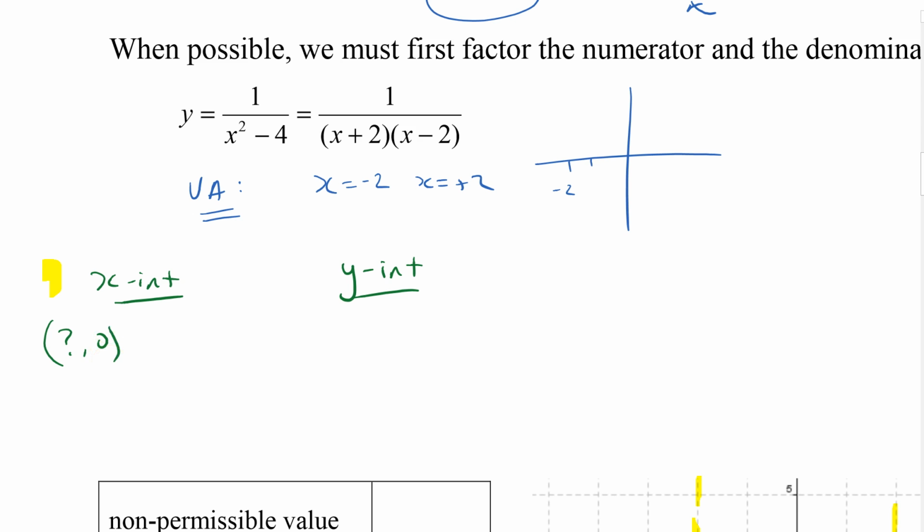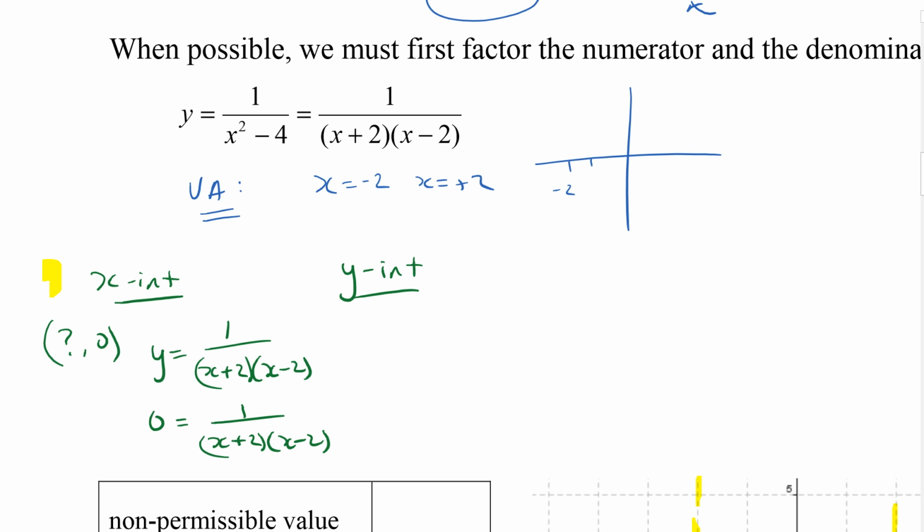So if I were to plug this in, I can either use my original version or my factored version, but I'm going to use the factored version. Here y is equal to 1 over x plus 2 times x minus 2, and I'm going to put in a 0 for y.